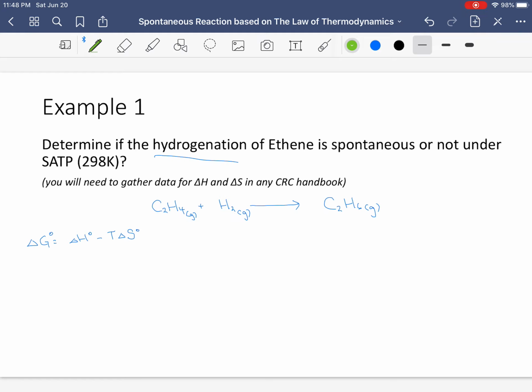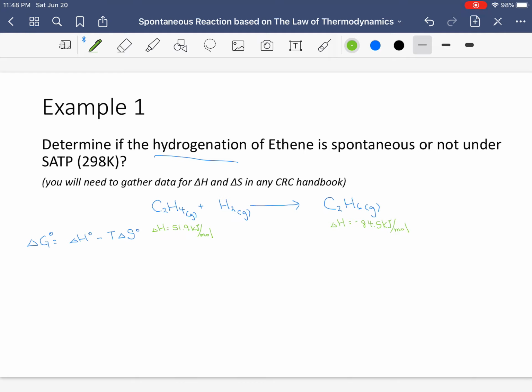For C2H6 right here, delta H is equal to negative 84.5 kilojoules per mole. C2H4 is equal to 51.9 kilojoules per mole.